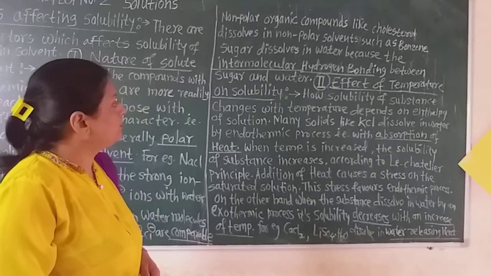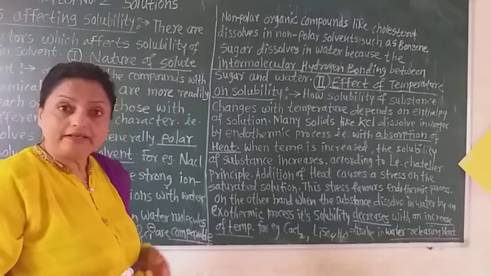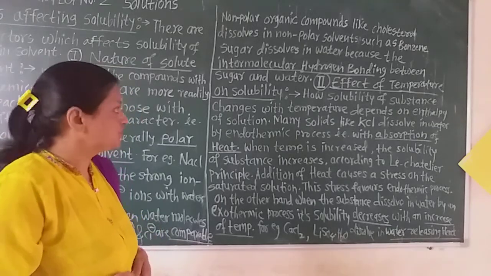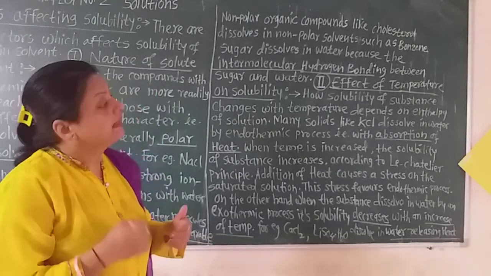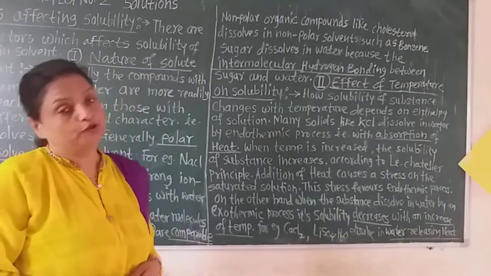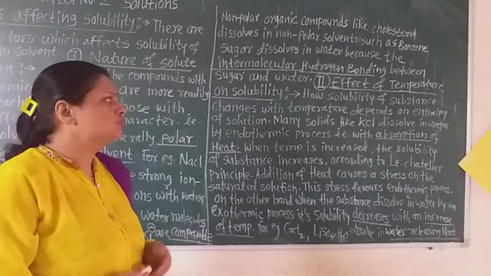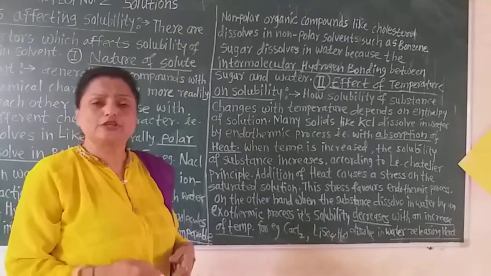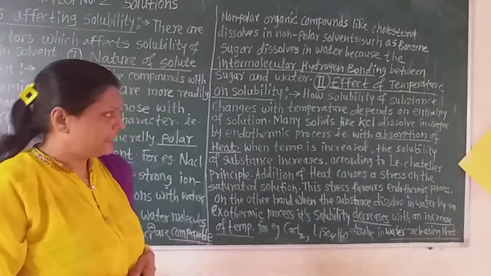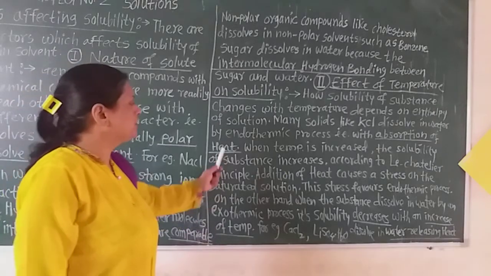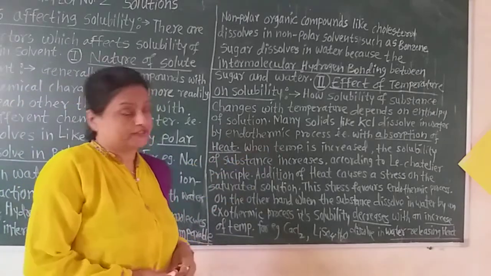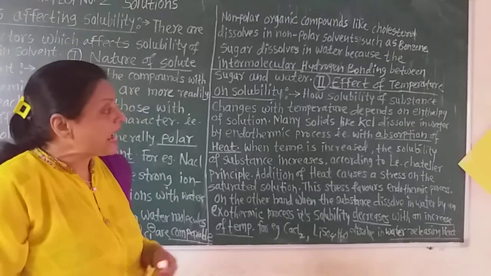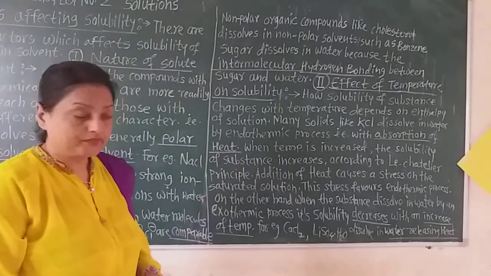How the solubility of a substance changes with temperature depends on the enthalpy of the solution. Many solids like KCl and NaCl dissolve in water by an endothermic process, that is by absorption of heat.